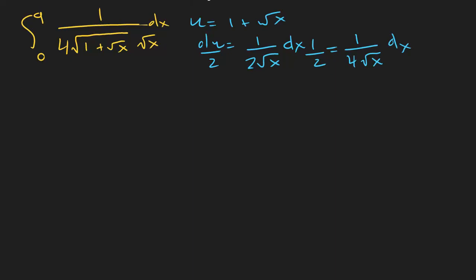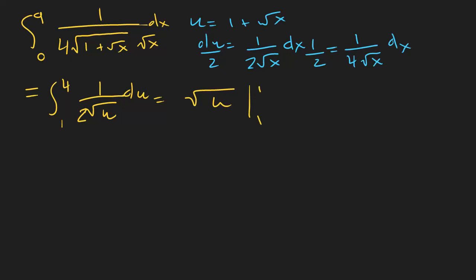And this is going to be 1 over the square root of u, and then that's du. But there was a 2 there, right? So that's a 2, and then that's du. Notice that that's going to be the square root of u from 1 to 4, which means this would be the square root of 4 minus the square root of 1, which is 2 minus 1, which gives you 1. So the solution is just 1, actually, in either case.